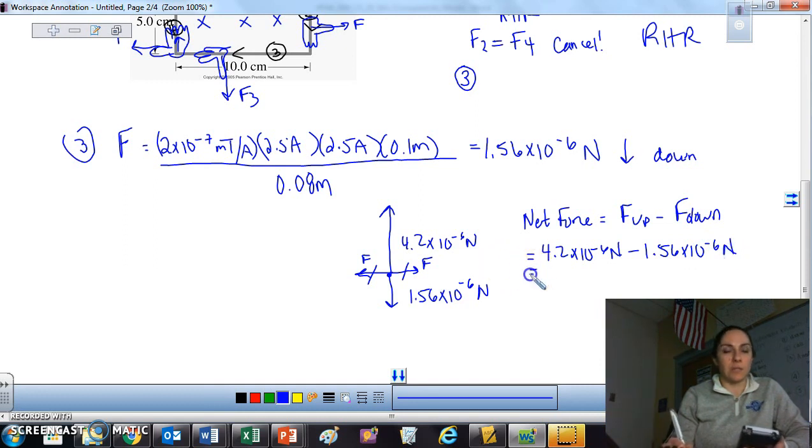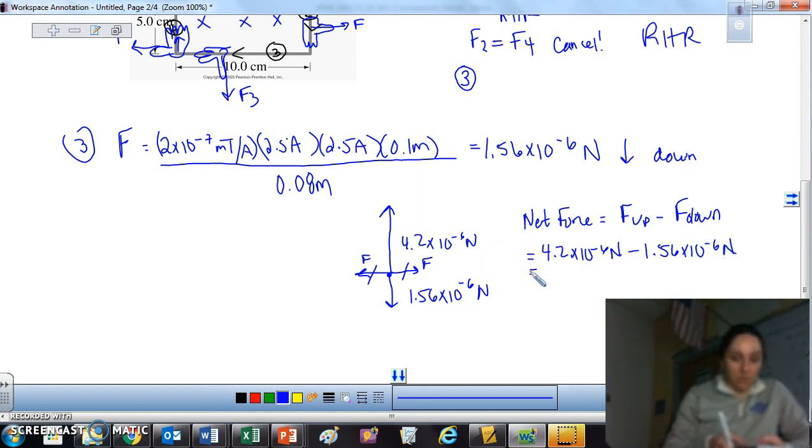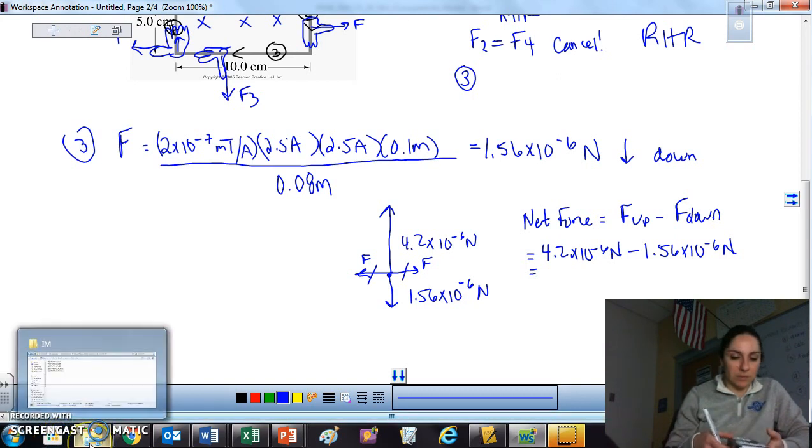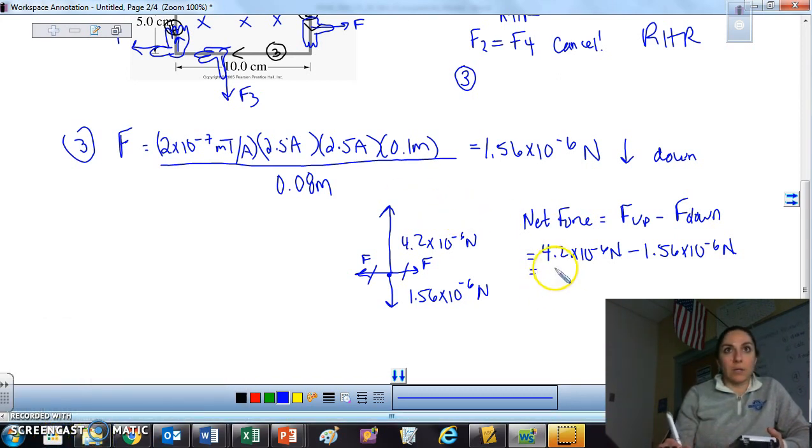Let's calculate that out: 4.2 minus 1.56. I get 2.64 times 10 to the negative 6 newtons. And the leftover will be up, since it's positive.